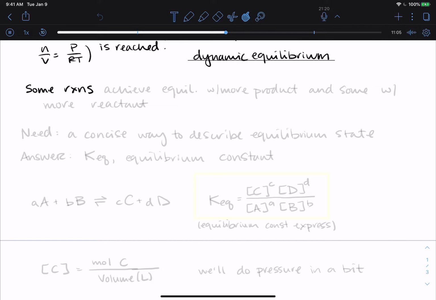So some reactions achieve equilibrium, which I'm going to already start abbreviating, with more product, and some with more reactant. So we need a concise way to describe this equilibrium state.